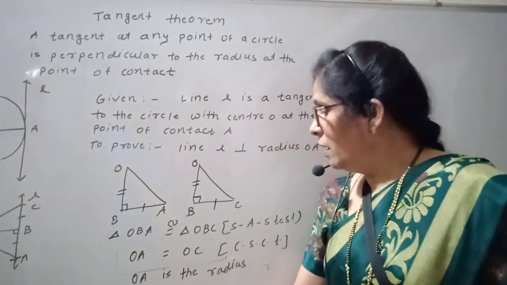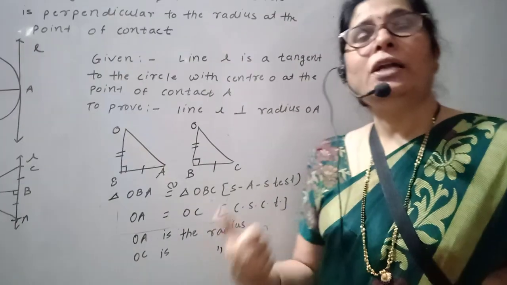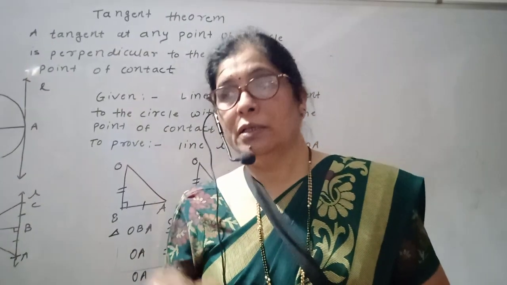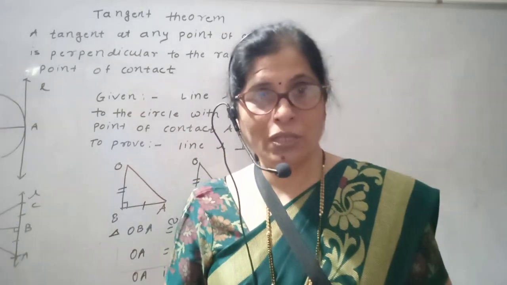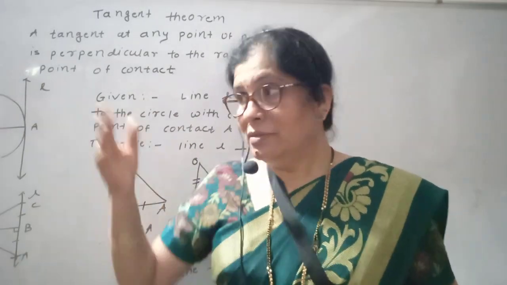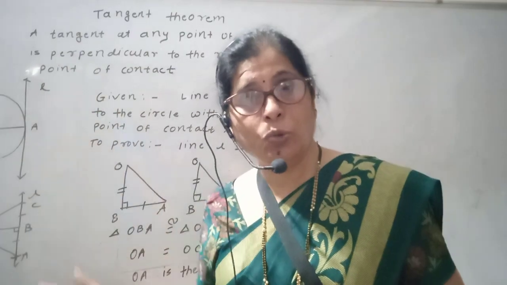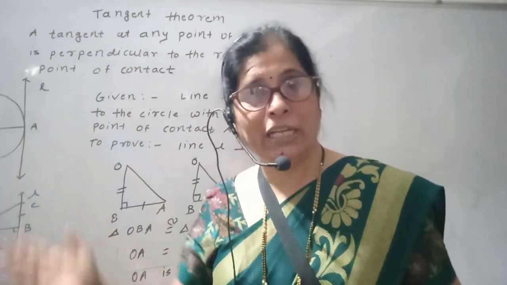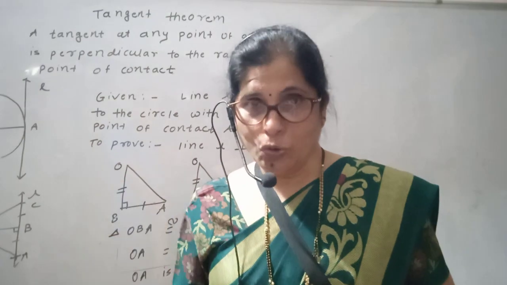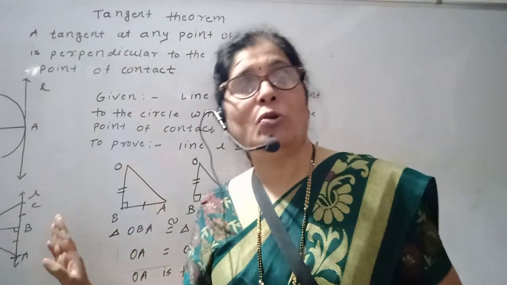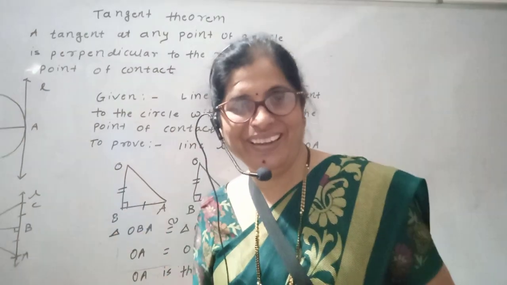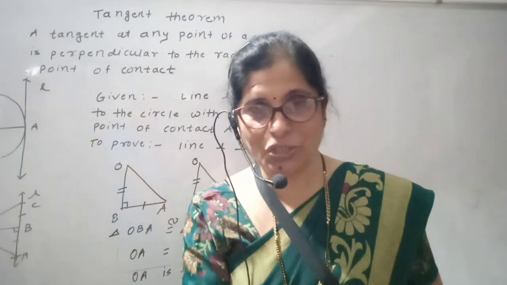If OA is equal to OC, it means point A is present on the circle, point C is also present on the circle, and the tangent is passing through point A and point C. It is not possible. So to consider that OA is not perpendicular to the line L is a wrong assumption.